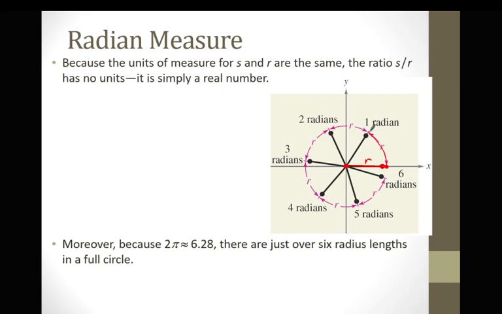So here's another radius from here to here, and then here's another radius from here to here. So this is 1 radius, this is 2 radius, this is 3 radius, this is 4, 5, and this is 6 right there. So we end up getting a little more than 6 radius all the way around.